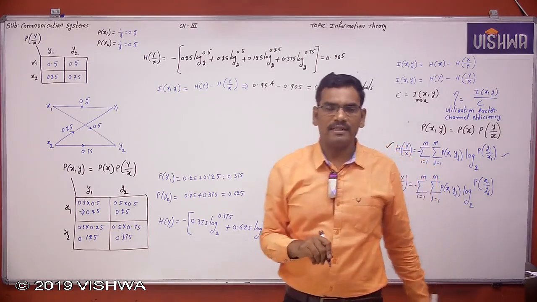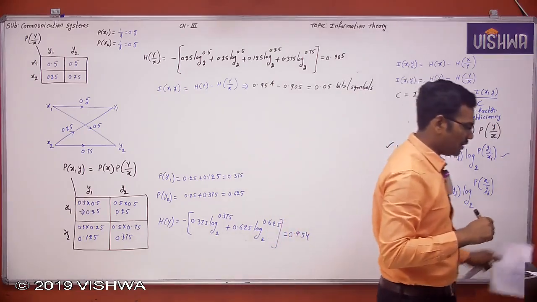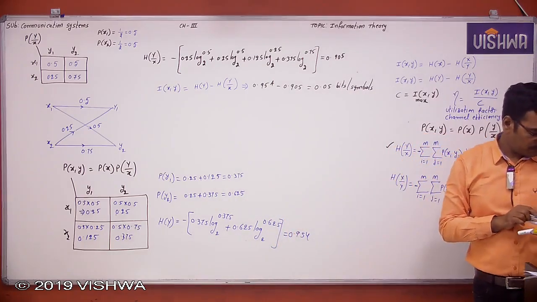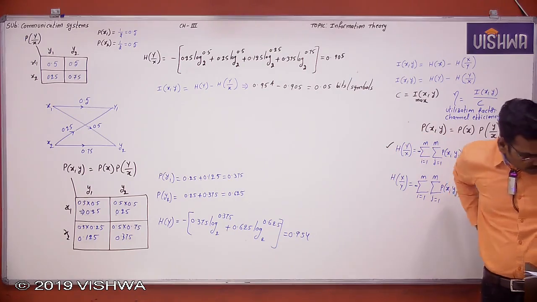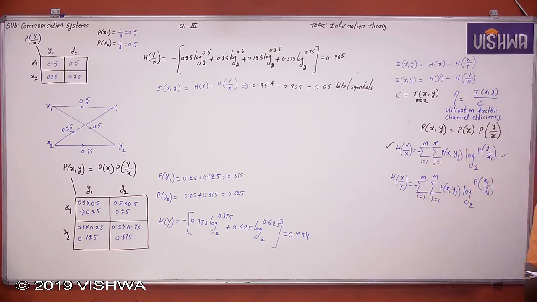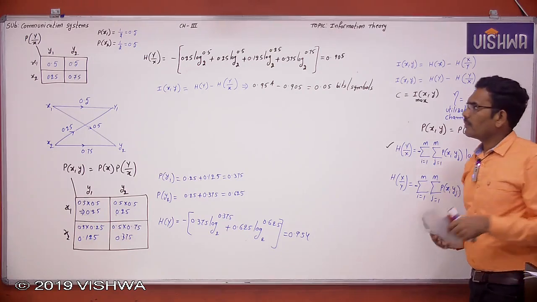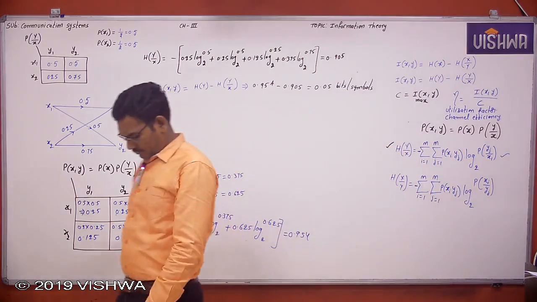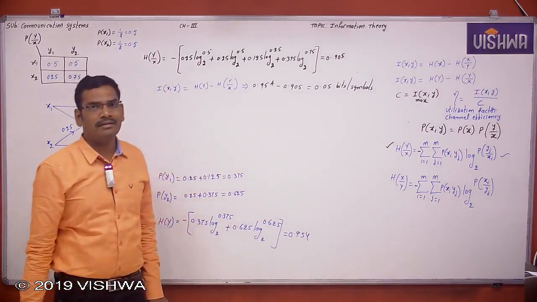The number of bits transmitted through the channel per symbol is the mutual information. Okay, this is the way to calculate the mutual information.